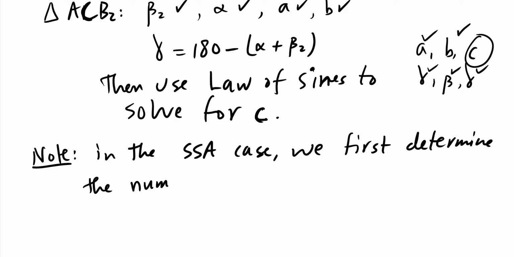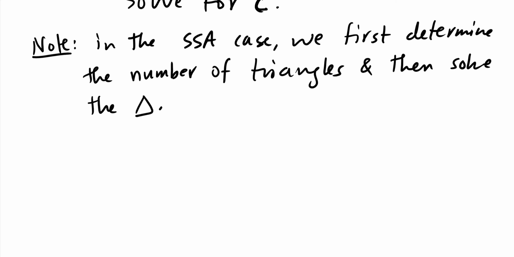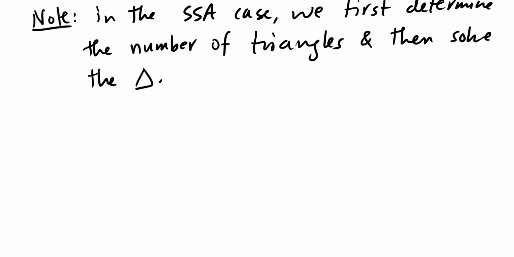Do not start using law of sines. We need to find the number of triangles, and based on that we can see what we need to do. So we first determine the number of triangles and then solve the triangle.